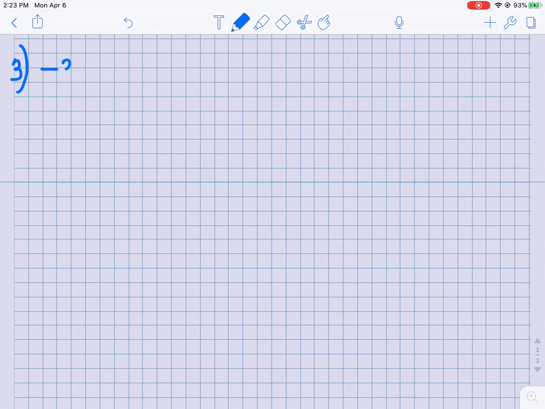Okay, so -3 root 12,600 x to the 3rd y squared z to the 5th. Now probably the hardest part of this is going to be to prime factor it. I'm going to run out of room, so I'm going to write underneath.